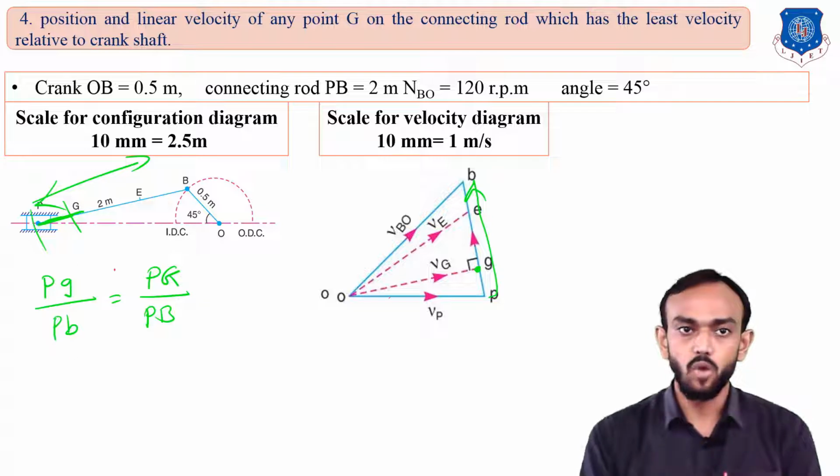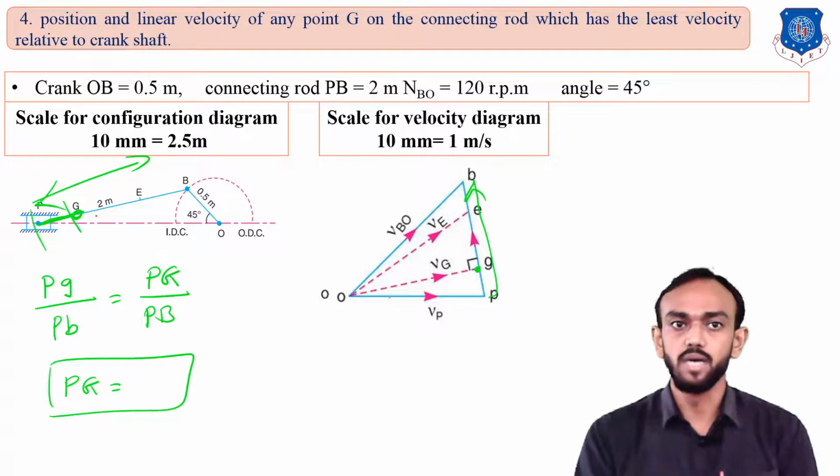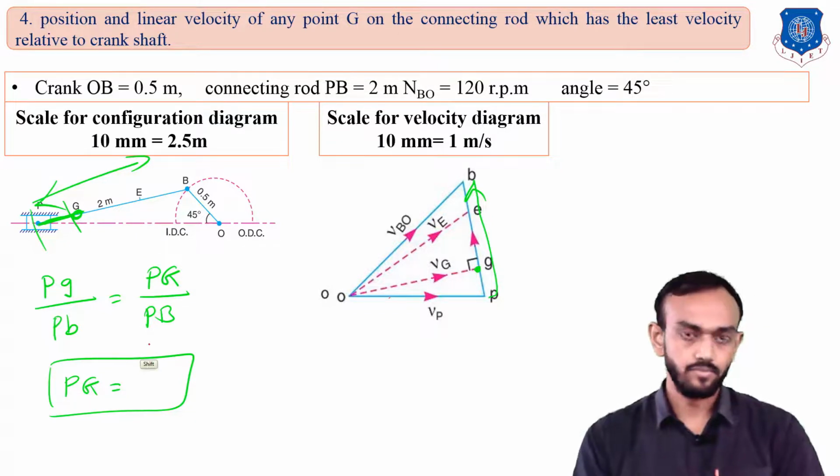So you put all these values, find this P to G, and locate that point on the connecting rod.